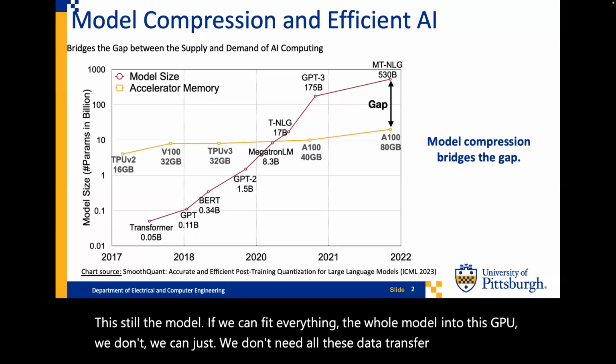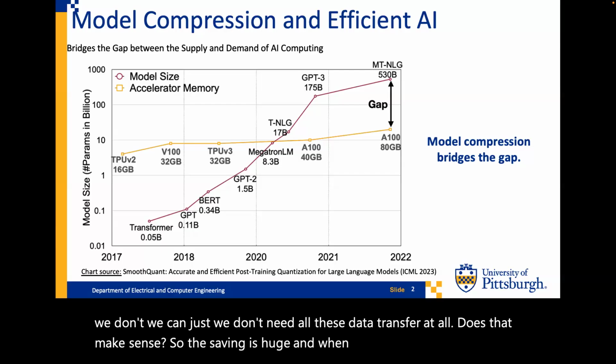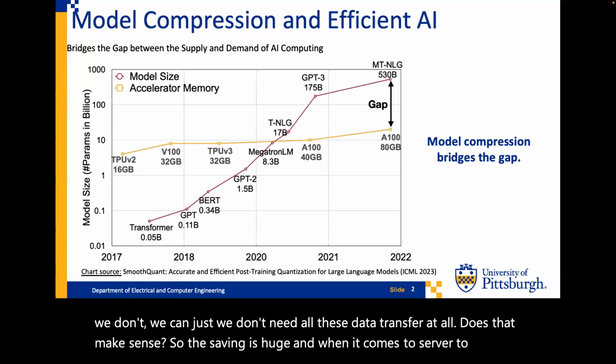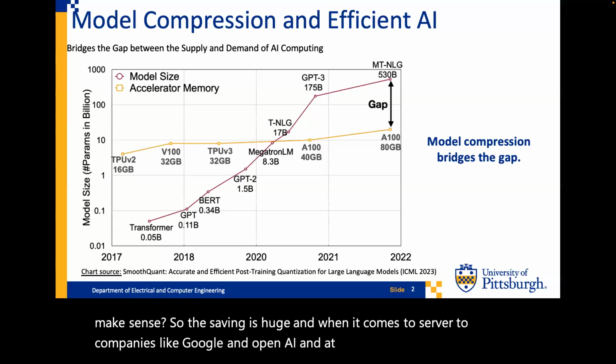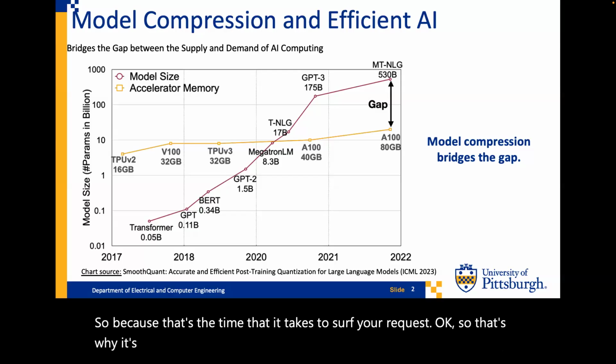Does that make sense? So the saving is huge. And when it comes to servers, to companies like Google and OpenAI, time equals money, right? Because that's the time it takes to serve your request. So that's why it's so important.